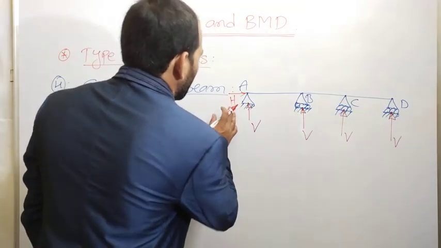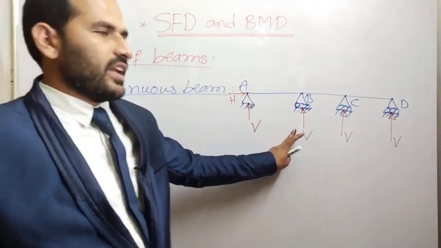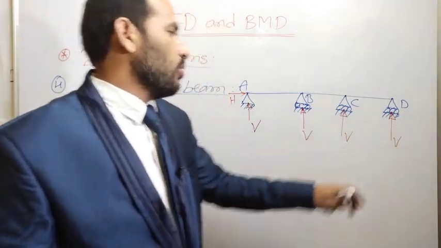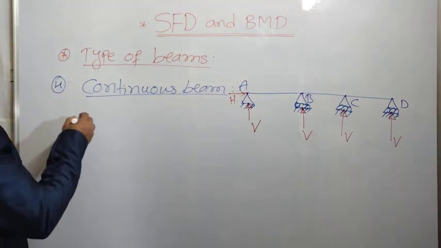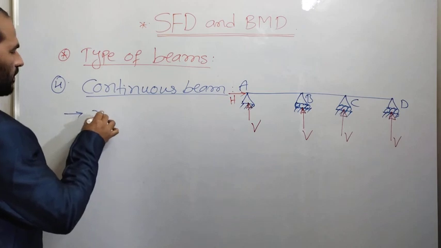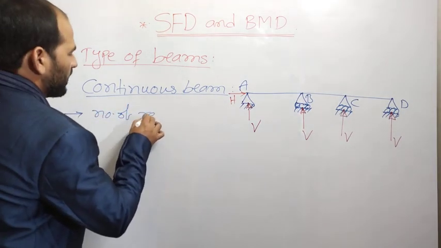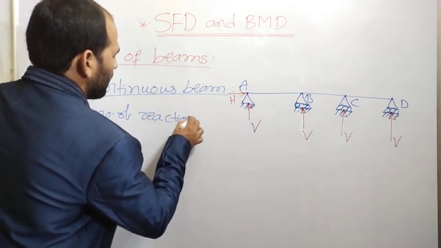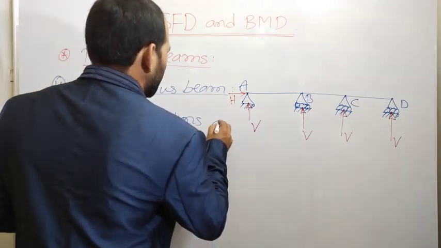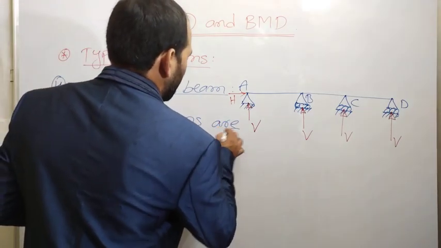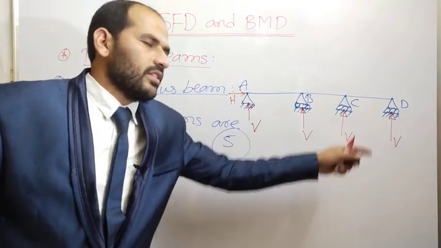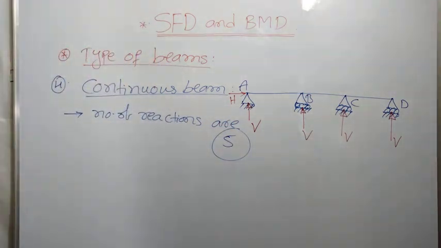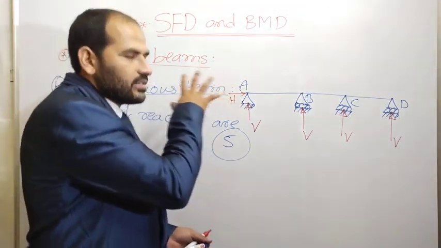That's why this side has two reactions, and these others are one reaction each. So the total number of reactions is 5. Here 2 and these are the 3. Totally 5 reactions develop in this beam.